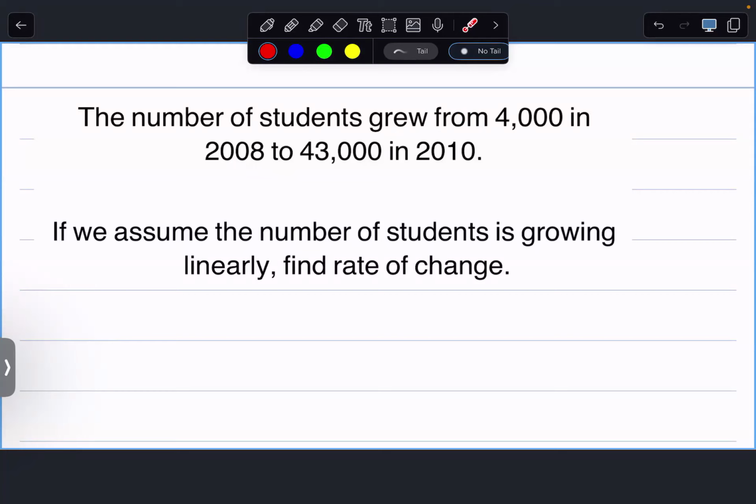At some point in 2008, let's say, there's a fixed number of students, so a fixed output. And that means that the year is going to be the input. So here, let t be the input.